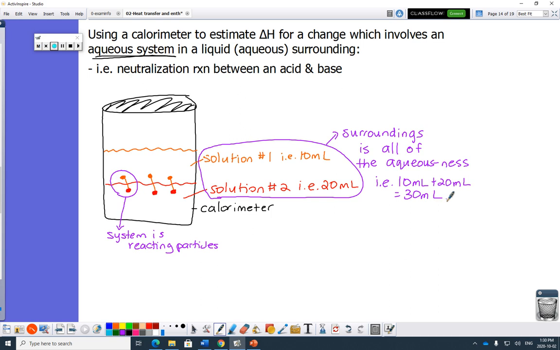So all of the aqueousness, and that is a word.